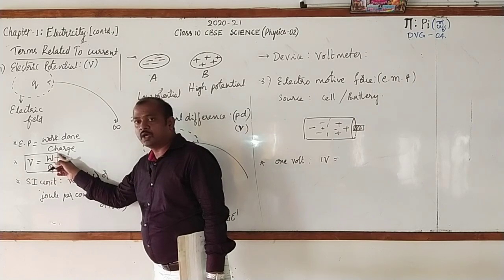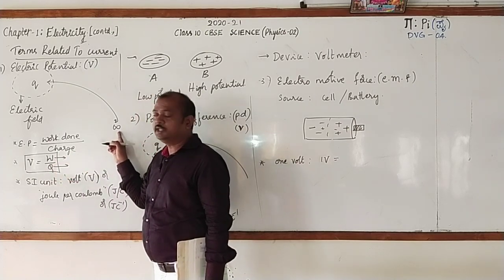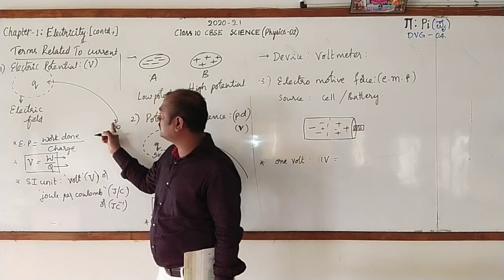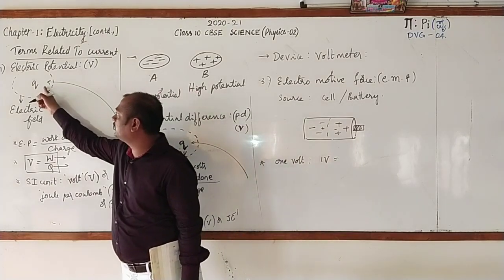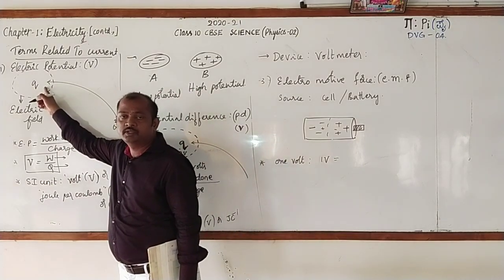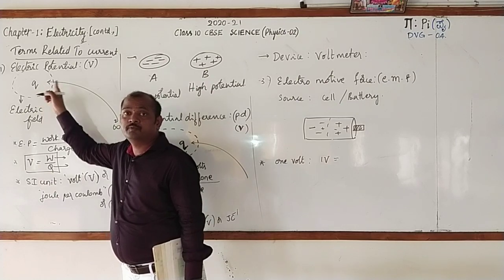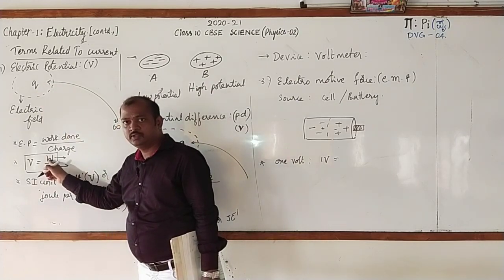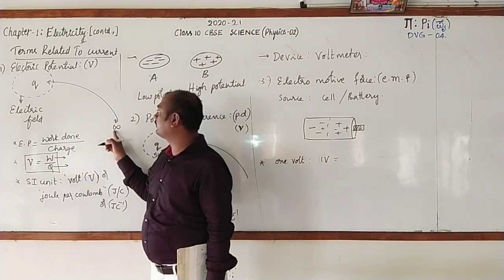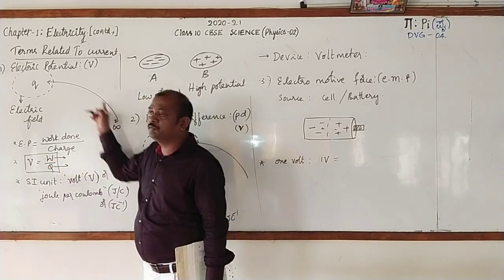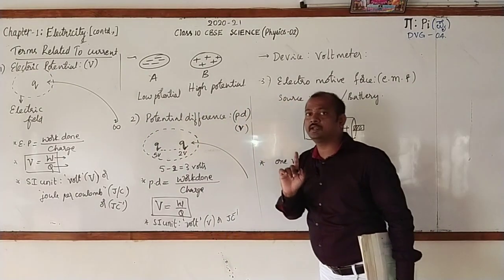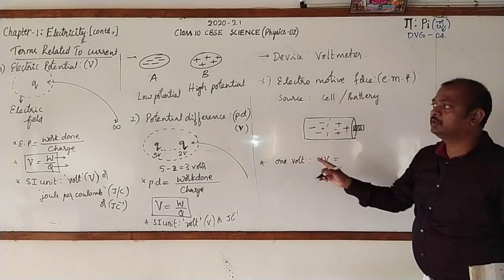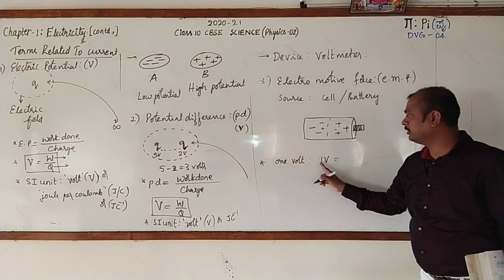If 1 joule of work is done in bringing a unit positive charge from infinity to the given point in an electric field, once I repeat, if 1 joule of work is done in bringing 1 coulomb of charge from infinity to the given point in an electric field, then the electric potential is said to be 1 volt.